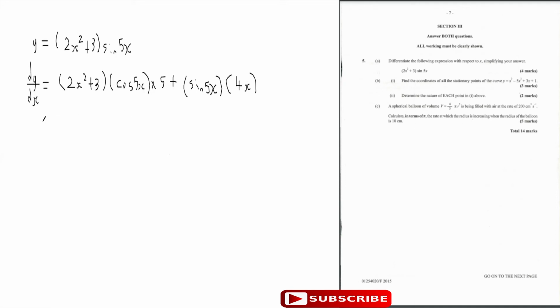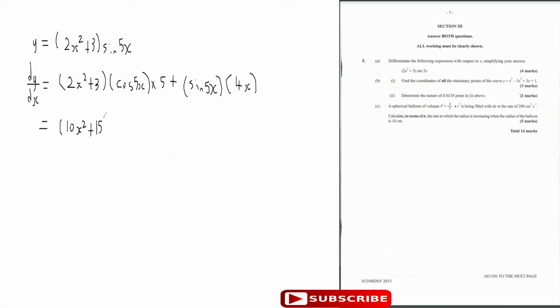So now all that is left to do is simplify. We can write 5 times the 2x squared, which is 10x squared, plus 5 times 3, which is 15.